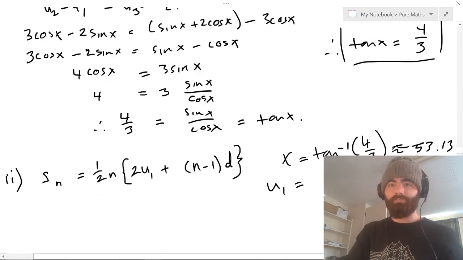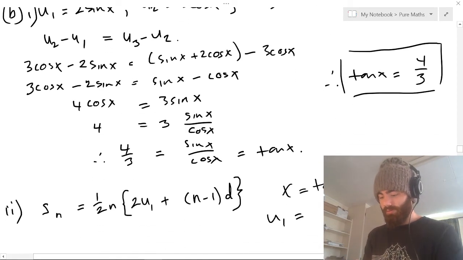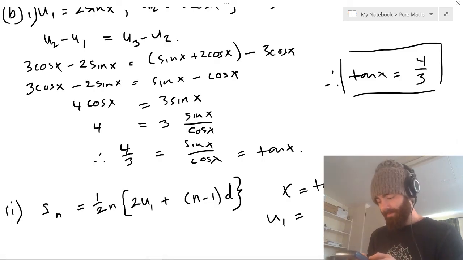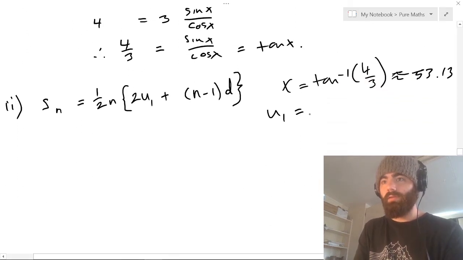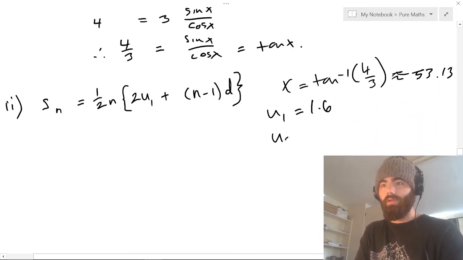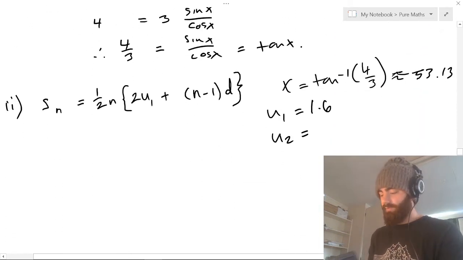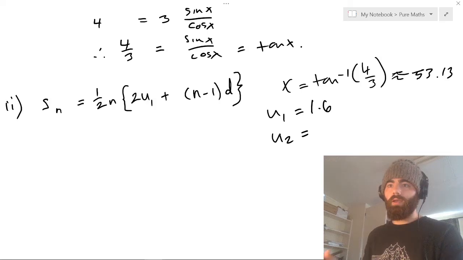So our u1, which is 2 sin of x, is just going to be 2 sin of the answer, which is 1.6. So you just plug these things in, you get 1.6 here. And let's find u2 as well. u2 is 3 cos of the answer, which is 1.8.